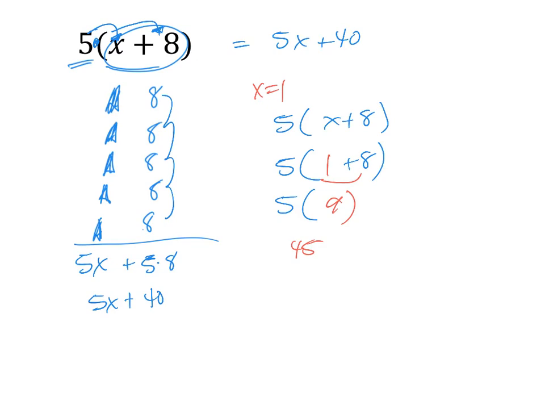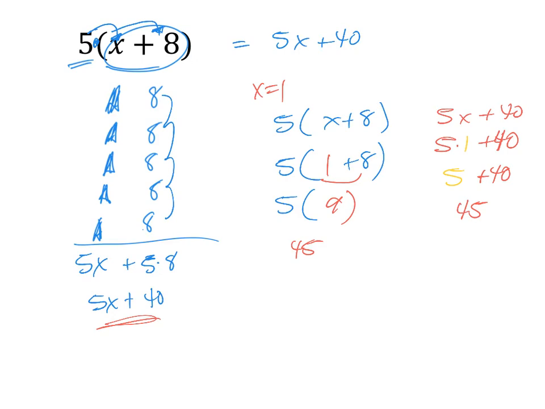If we looked at our expression that we came up with down here, 5x plus 40, and we put a 1 in place of x, we'd say we have 5 times 1 plus the 40, and 5 times 1 is 5 plus the 40, which gives us 45.